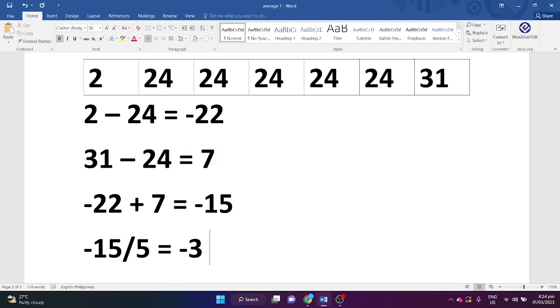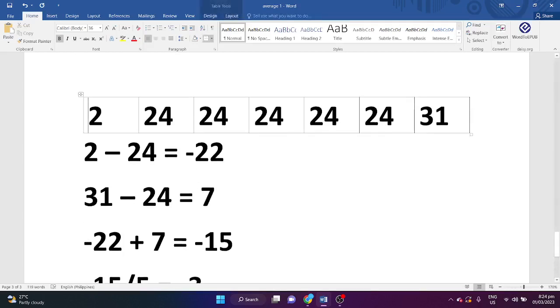Instead of subtracting 3, since kulang yan, we will be adding 3 doon sa 5 middle numbers. So adding 3 to 24 will give us 27, and this would be across the 5 numbers. 27, 27, 27. Okay, that should be it.